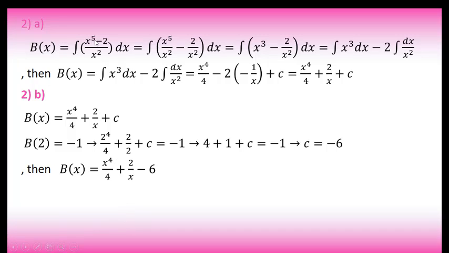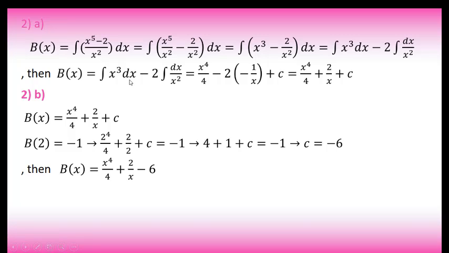Part B. Integral of x power 5 minus 2 over x squared. Now split x squared over both terms: x cubed over x squared gives x cubed, and 2 over x squared dx. Now, x cubed dx, distribute the integral, minus 2 constant outside the integral alone, integral dx over x squared.